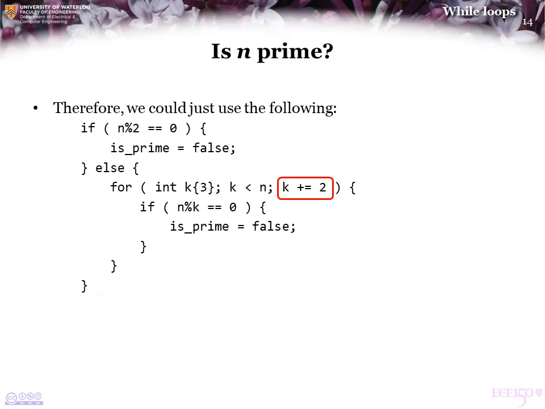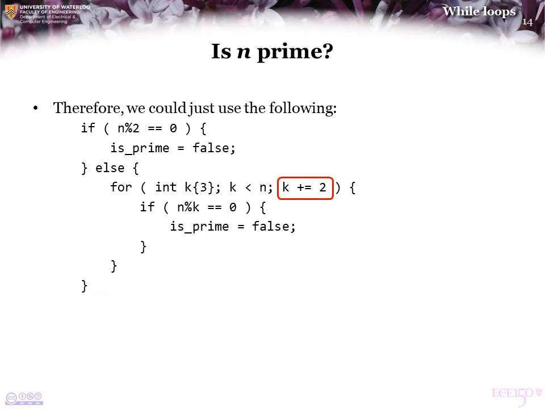So now we have a for loop that starts with k being initialized with a value of 3, and then each time k is updated, so each time the body of the loop is executed, we will then perform the operation k plus equals 2, not k plus equals 1.